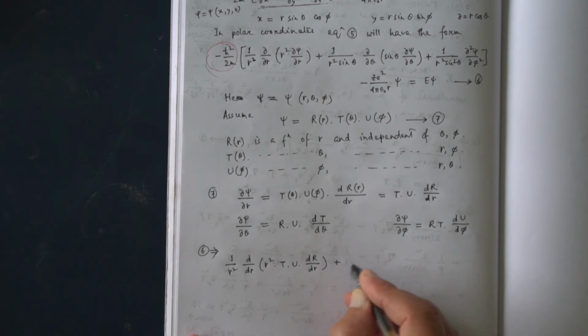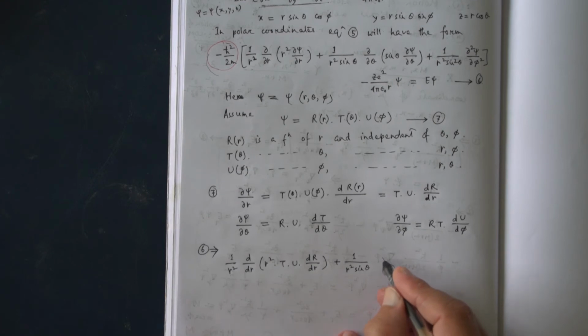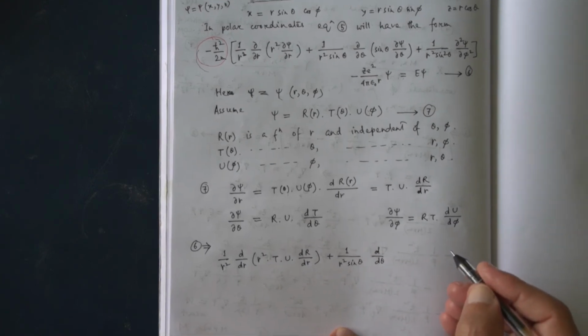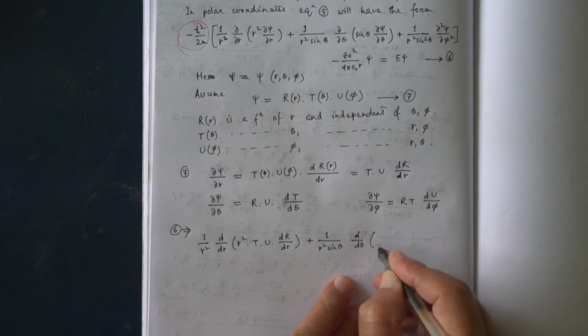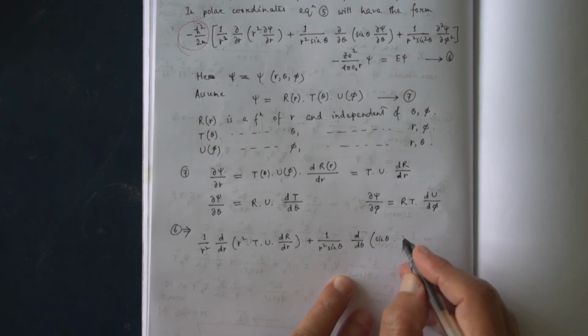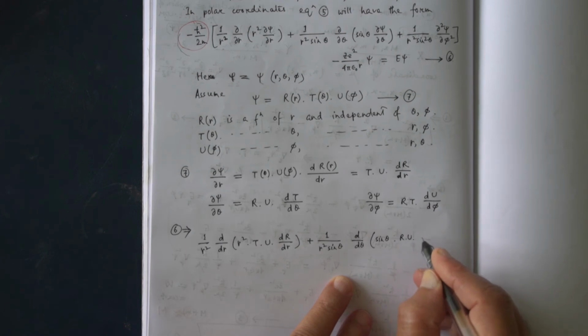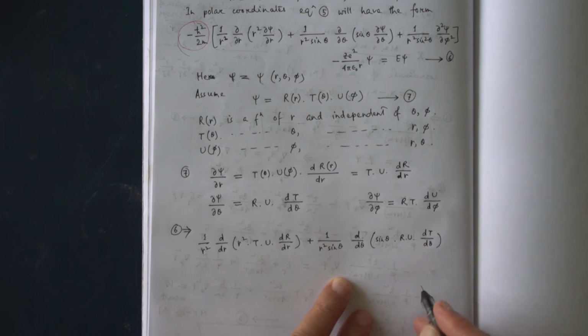Then 1 by r square sine theta, once again d theta, not del theta, of sine theta dT/d theta, with R and U constant.